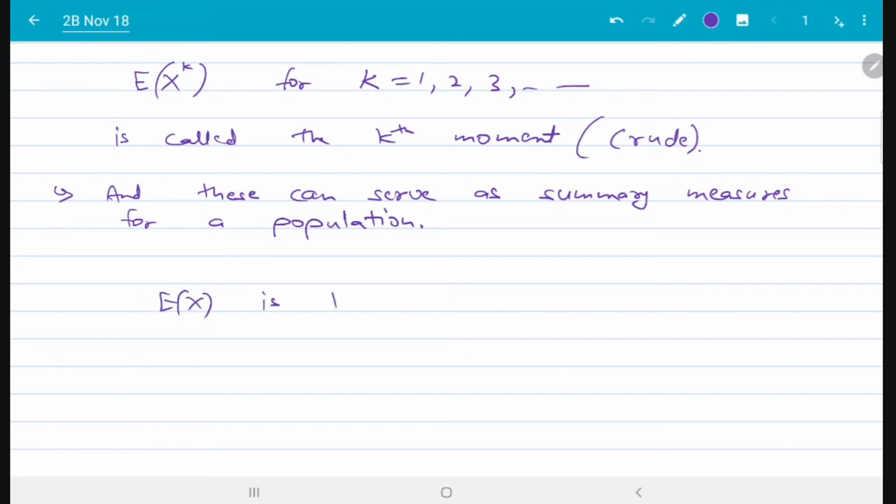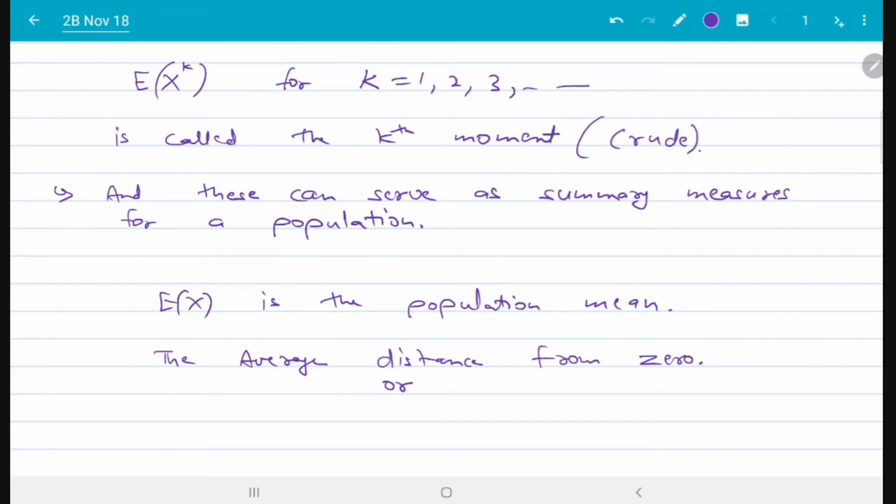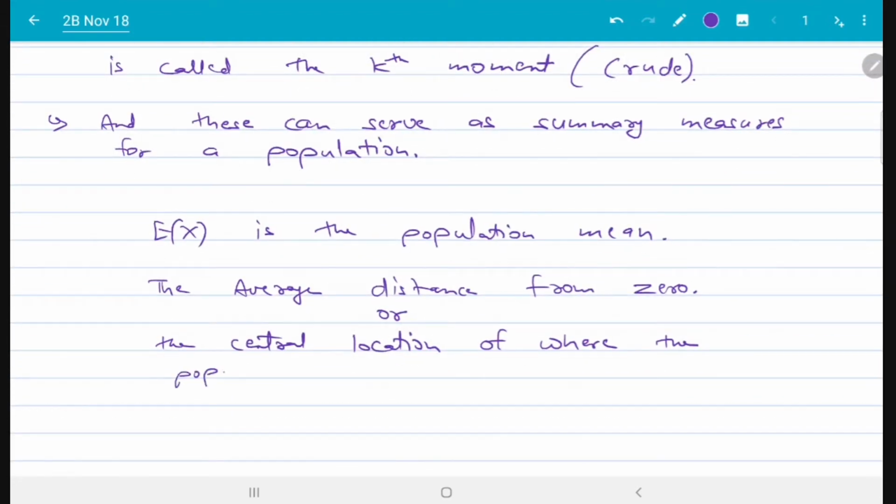E of x is the population mean. What does the population mean tell us? The average distance from 0, or the central location of where the population is on the number line.